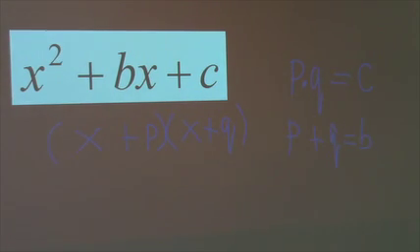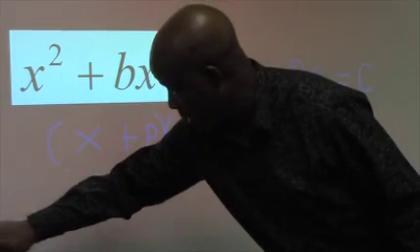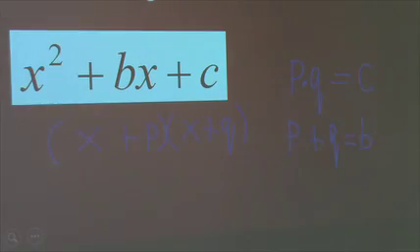All right? So this is how we factor any kind of trinomial of this form if it is factorable. Not all trinomials are factorable. Okay? So this is a trinomial of this form.